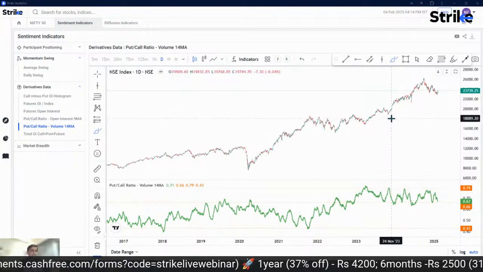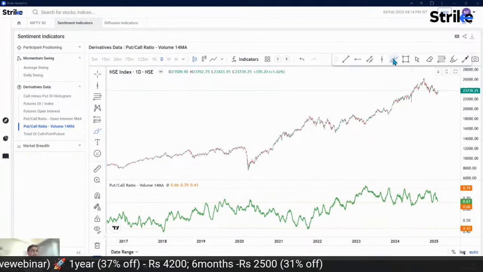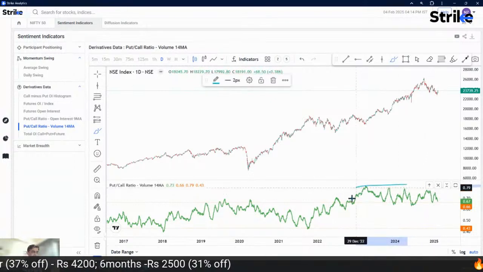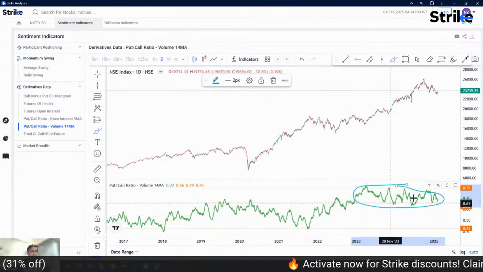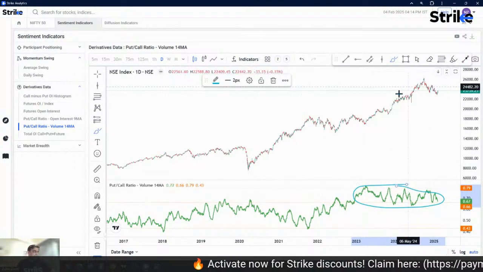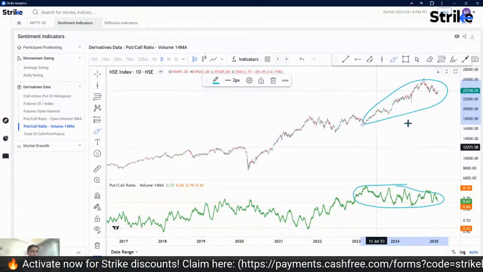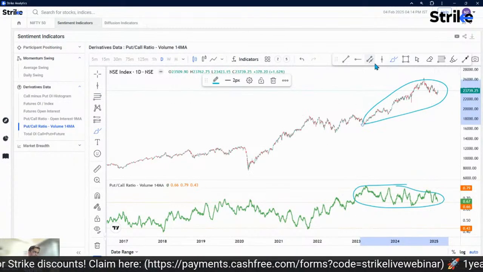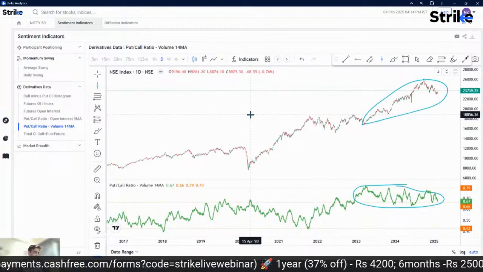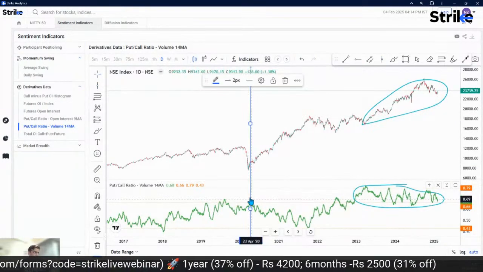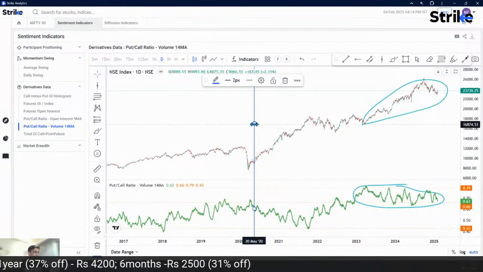Now, what is happening over here? You can see that this particular indicator is continuously trading at a higher level, and the market from that area is already in an upward direction. Let's analyze what has happened in the past. Whenever this indicator has gone to an extreme and has started correcting down, the market showed a rally.